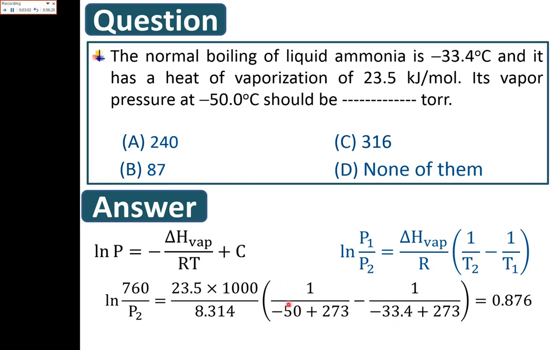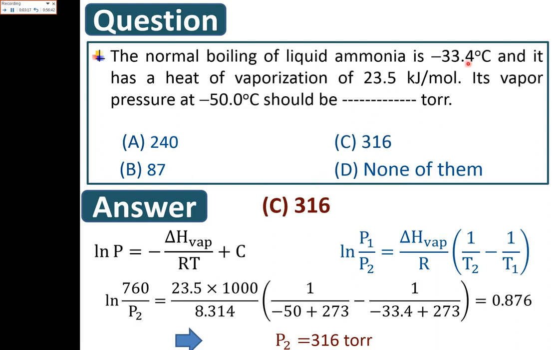And we want to calculate the vapor pressure at minus 50 degrees Celsius. So this is the P2. P2 is supposed to be 316. So the answer will be number C, 316.